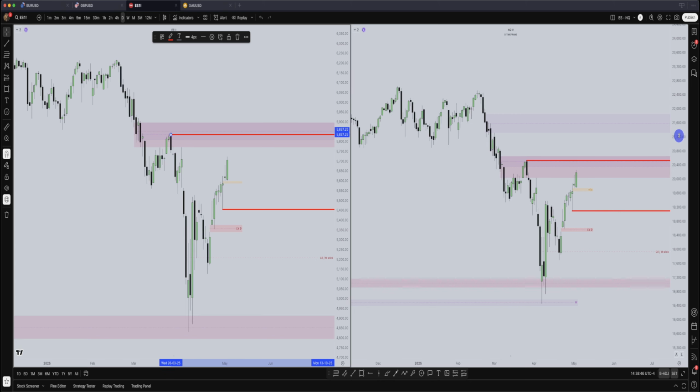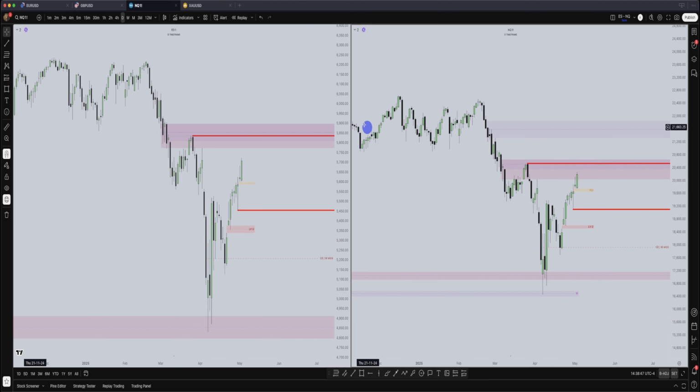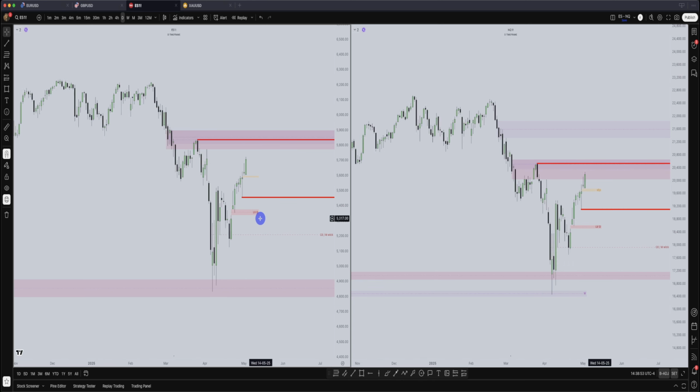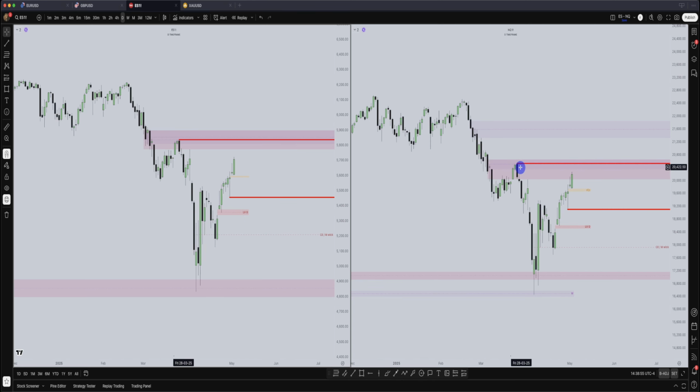So I don't have a very strong opinion now. Price is already making a retracement to premium area, so we should wait and see how price reacts this week.